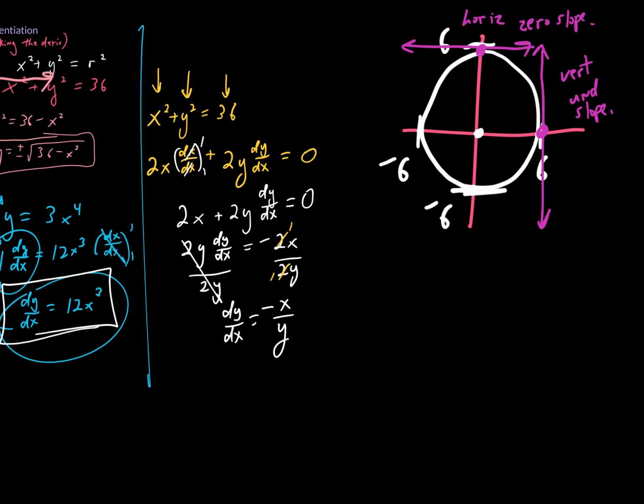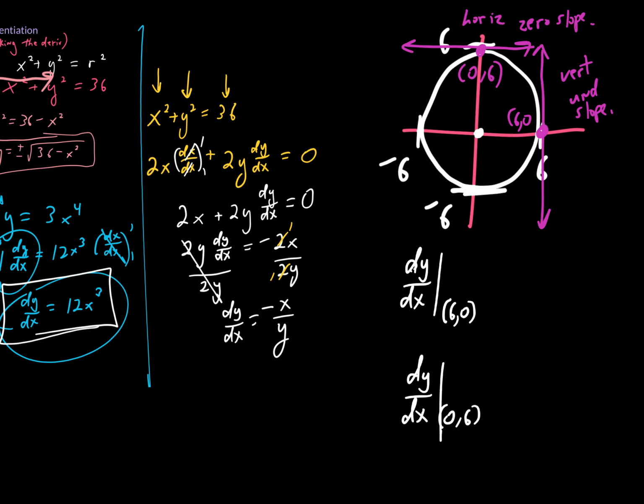All right, what are these points? This point right here is (6, 0), and this point right here is (0, 6). So let's see what happens. Here's our dy/dx, and we want to evaluate it at two points: at (6, 0), and then we're going to find the derivative evaluated at (0, 6). That's the notation.